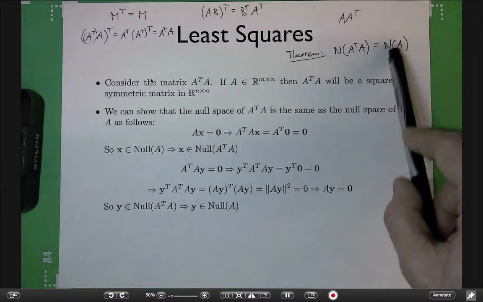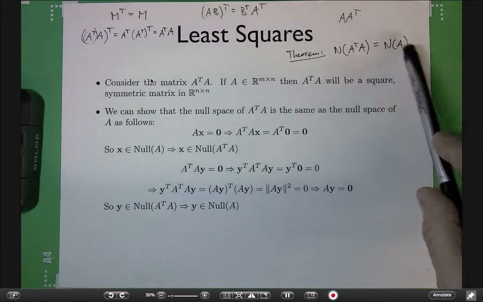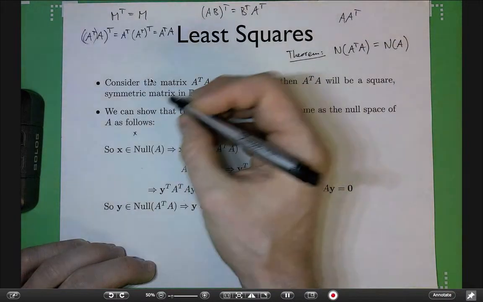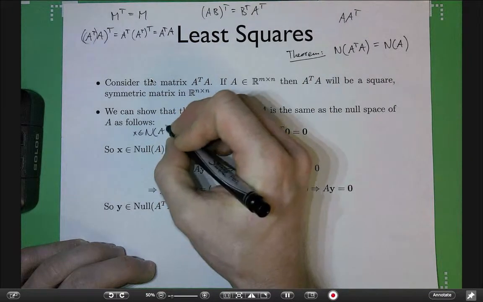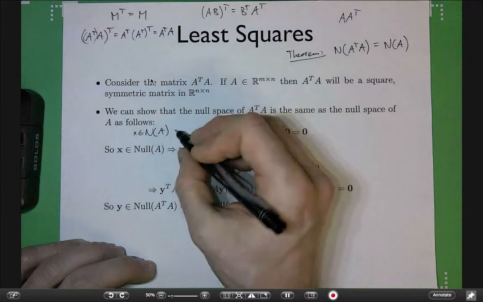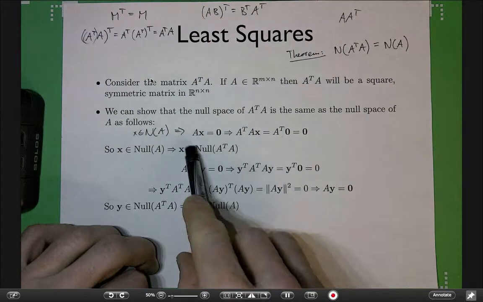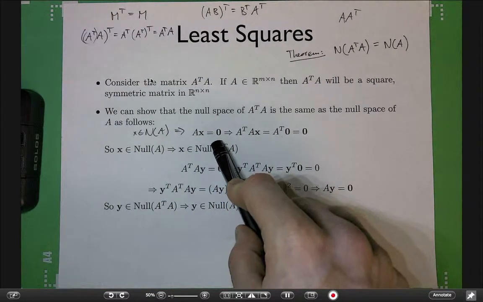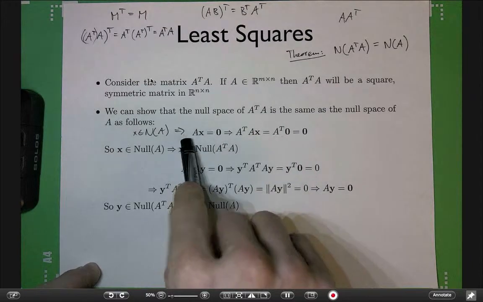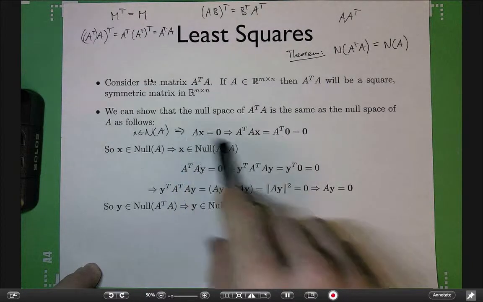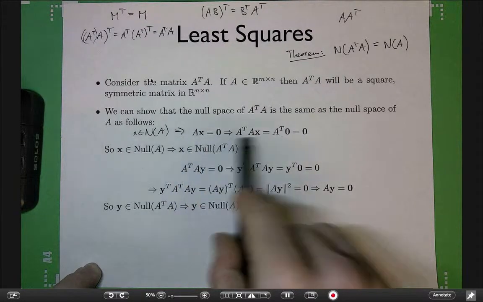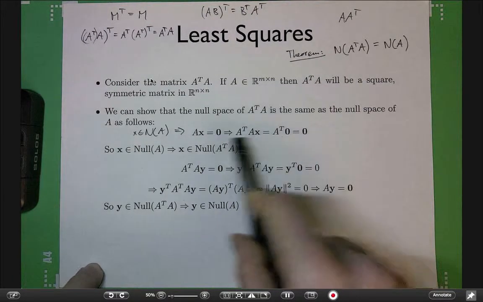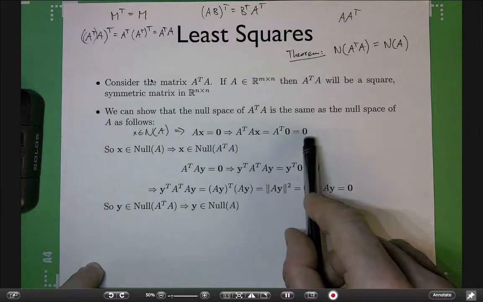If I have an x in N(A), oh, it's actually done. Then that means that Ax is 0, right? That's how the null space is defined. But if I multiply this by Aᵀ from the left, that means AᵀAx is Aᵀ0. Aᵀ0, of course, has to be 0, so AᵀAx is also 0.